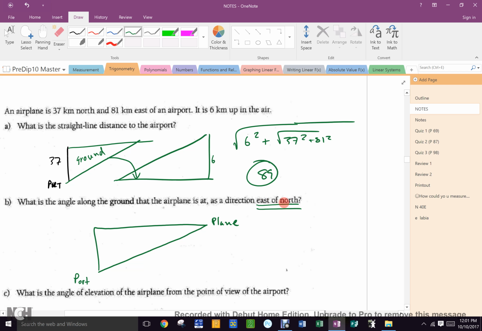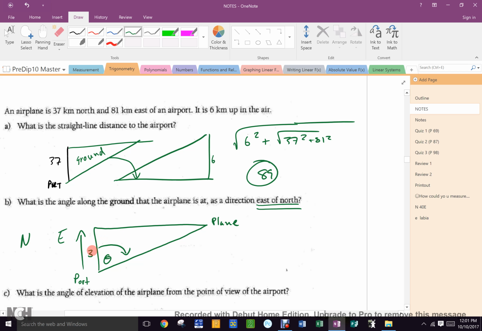So what does that mean? Which way am I starting to go, north or east? I'm adjusting east of north. So I must start north and I adjust to the east. And in there goes the adjustment, yes? How do I figure that adjustment out? What angle is that? That is my theta. What sides do I know?